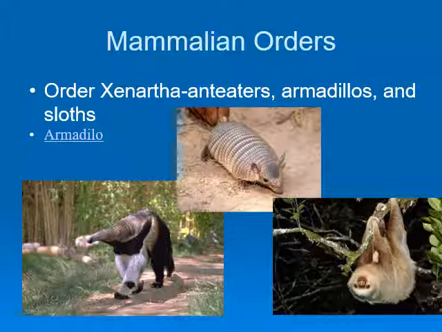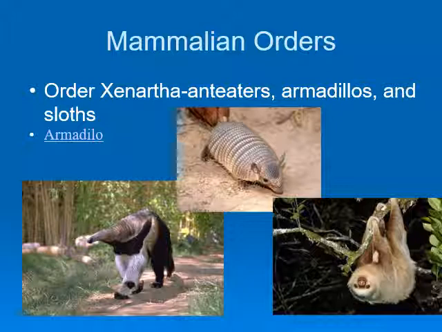The first order we're looking at here is order Xenarthra, and this includes some of the animals you know as anteaters, armadillos, and sloths. So remember, when things are placed into an order together, that shows that they are very closely related.